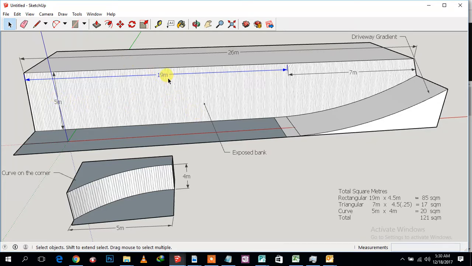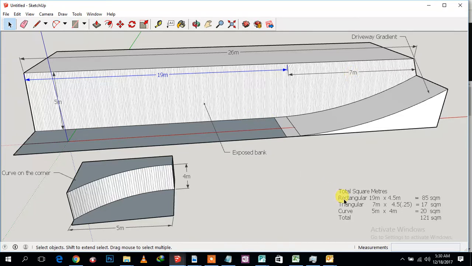Yesterday I analyzed it: the first 19 meters have the same height of 5 meters, and then the last 7 meters, where the ground end of the driveway starts to be a bit acute, is the only part forming a triangular shape.